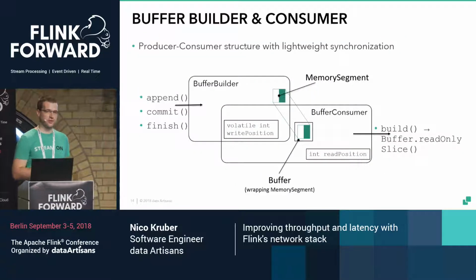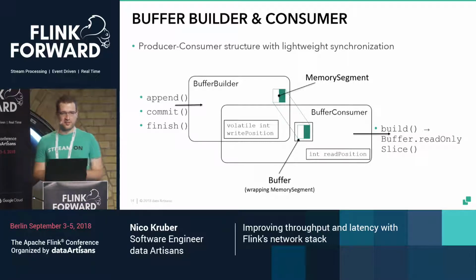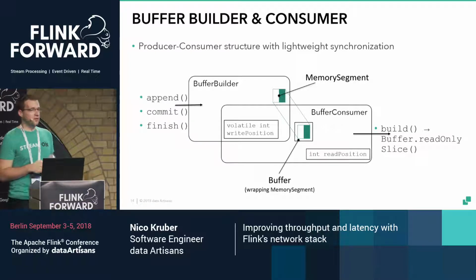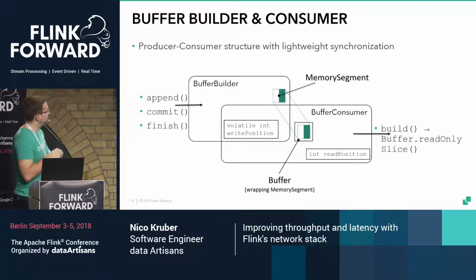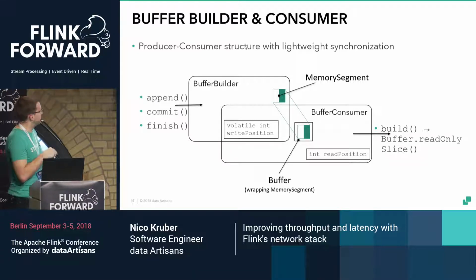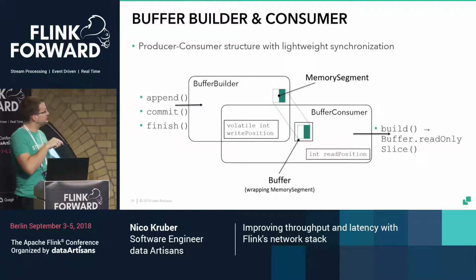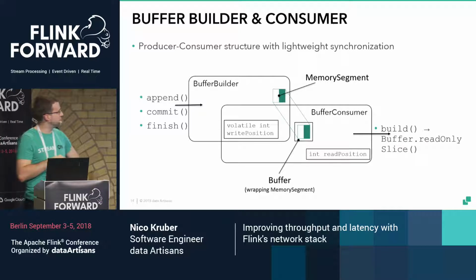And this is how we actually do it. We don't just have a buffer anymore that will be sent around, but we do have a producer, that's the buffer builder, and we do have a consumer. This will be read by Netty, and they exchange information partially. So the buffer builder you can append data to, then at some point you can commit and update a write position that is volatile, because this is in one thread, the record writer thread, while the buffer consumer is in the Netty thread.